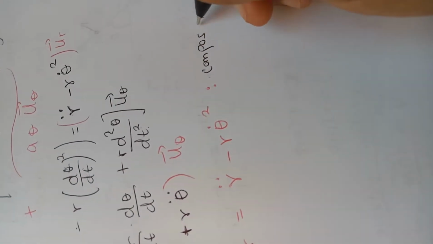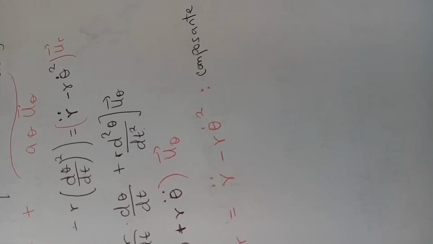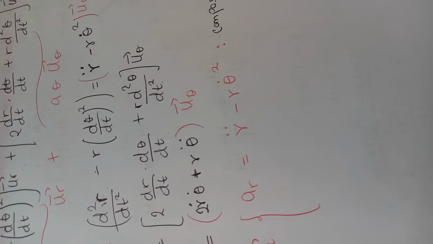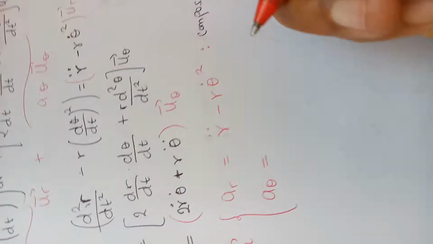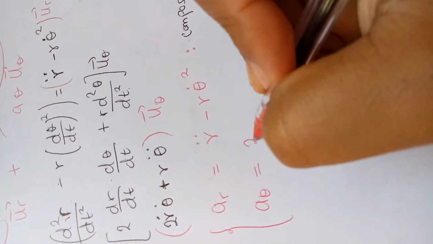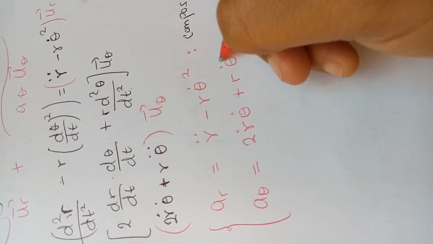So they will ask you in your TD to calculate the composant radial de l'accélération. It's this. Yep, you just use this expression and then maneuver your way through. And this is 2r theta plus r theta theta.